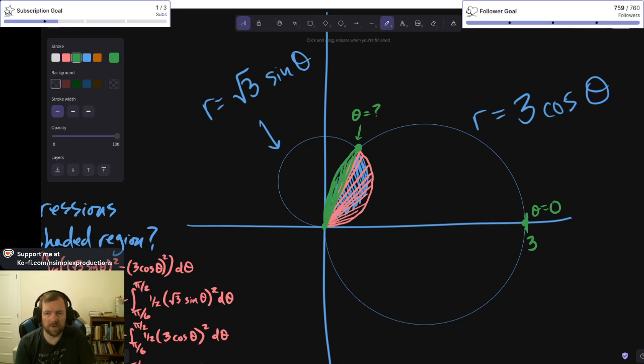So if we call this one R1 and this one R2, we need to know what is theta for R1, and then we also need theta for R2. They don't need to be the same.